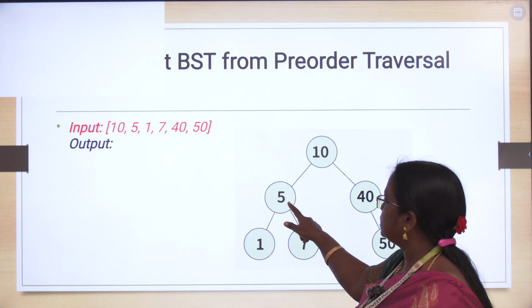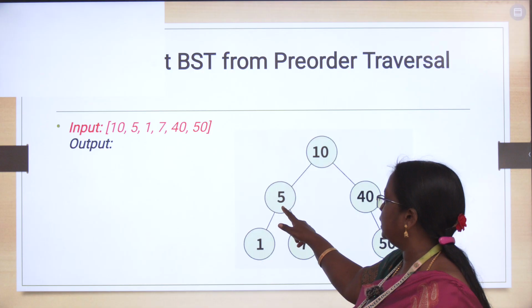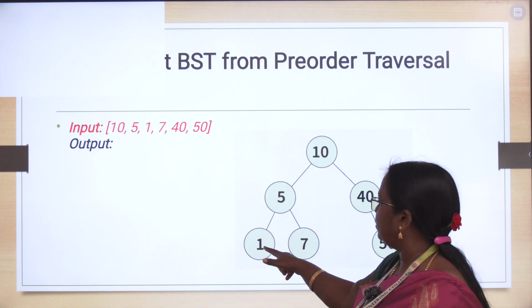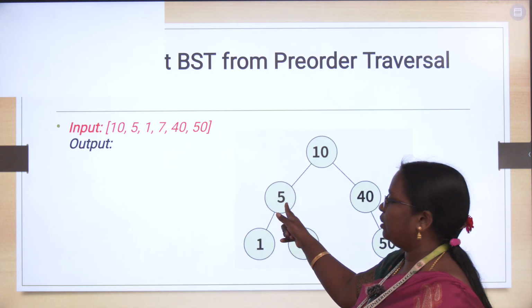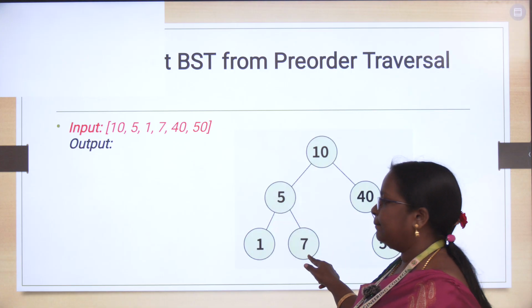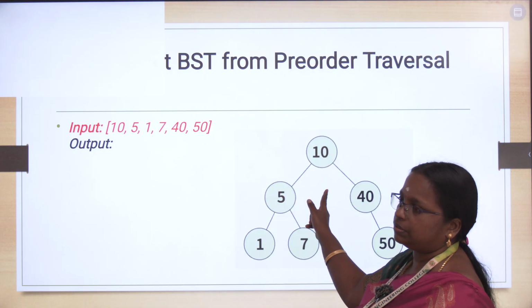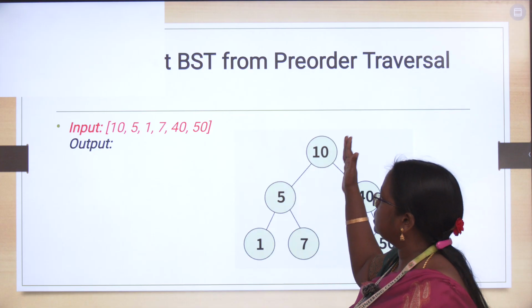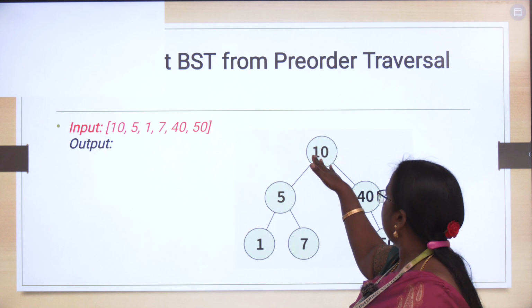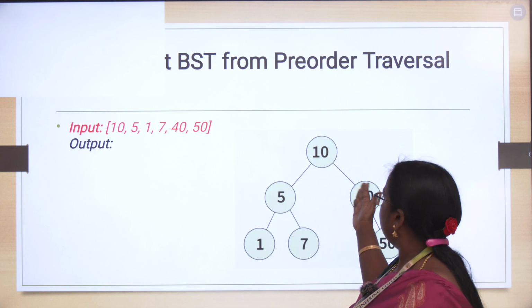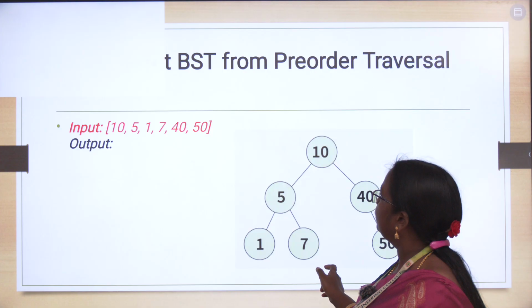So 10, the lesser value is 5. The second value 5 is less. Next one is a lesser value. After that 7; 7 is greater than 5, so I have given it as a right side value. Same thing, I have given 10. The next value is 40. Where do we have to put it? It is the root 10, then it is a greater value, 40 and 50.